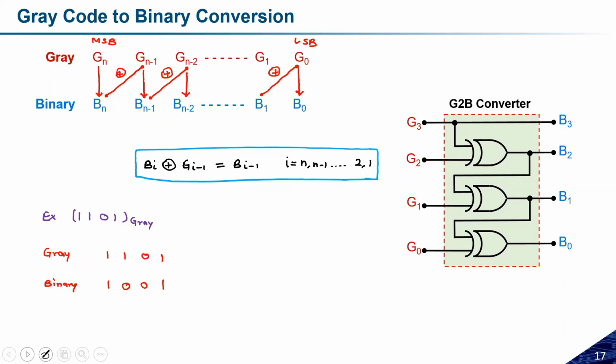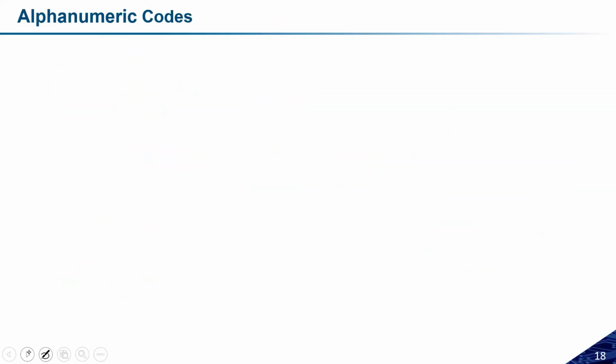The next kind of code is the alphanumeric code. What is the alphanumeric code and why is it needed? Suppose I am talking about some code where alphabets, numbers and special characters are present.